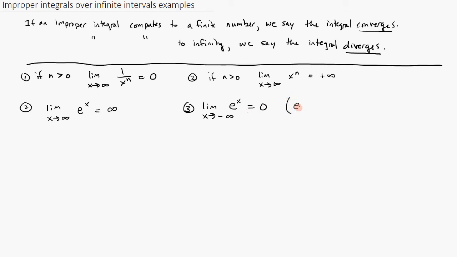You should think of it as e to the minus infinity goes to 0. The limit as x goes to 0 from the right of the natural log of x equals minus infinity.